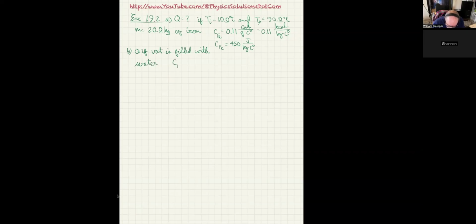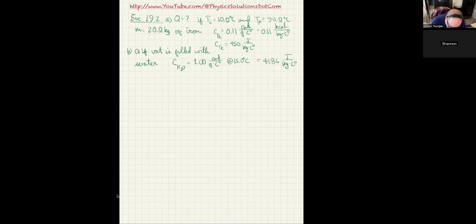The specific heat of water is 1.00 calories per gram Celsius degree at roughly 15.0 degrees Celsius, but you could also say it is 4,186 joules per kilogram Celsius degree.